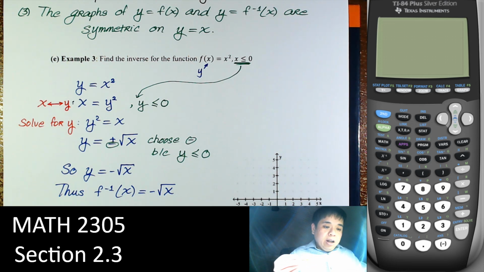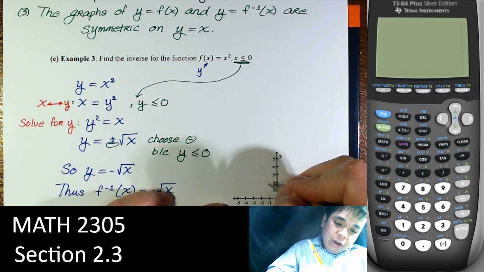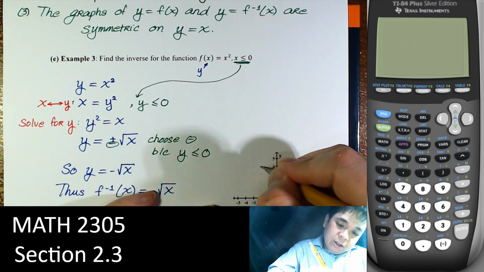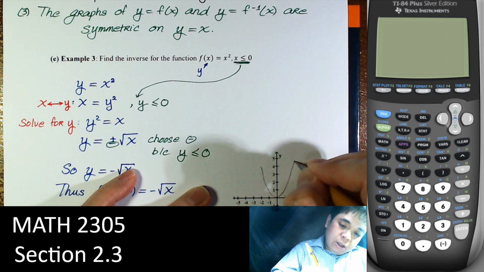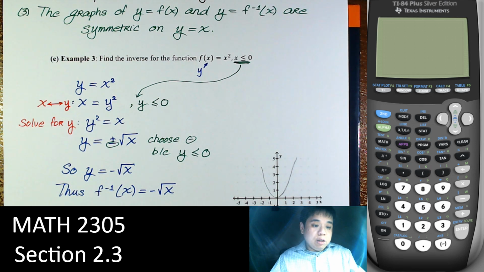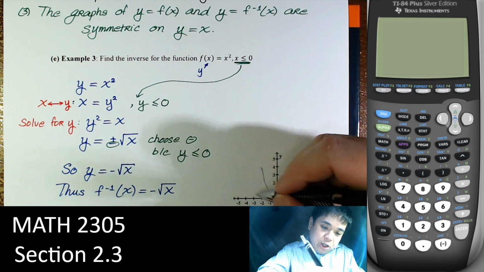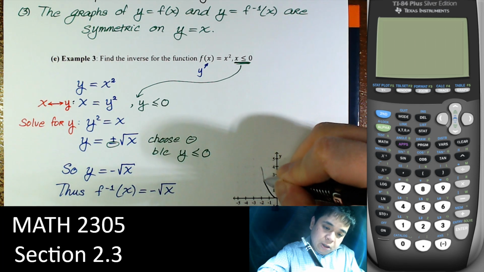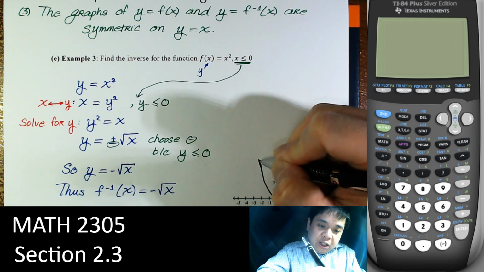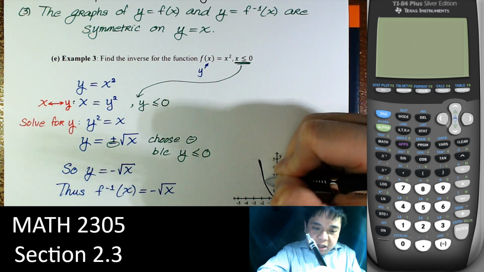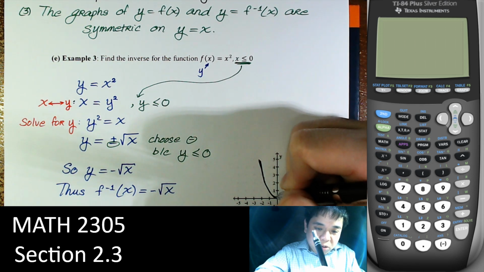So first, we have x squared. In general, the x squared parabola looks like this. But of course we only have the part where x is less than or equal to 0, so we only choose this part. For a one-to-one function, the way we define it in terms of graph is that it passes the horizontal line test.